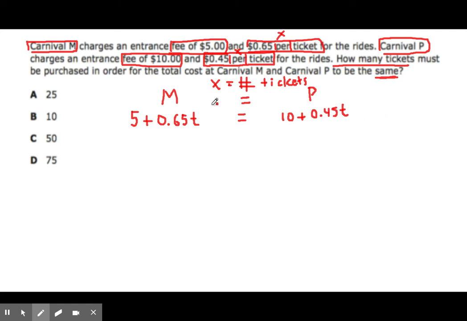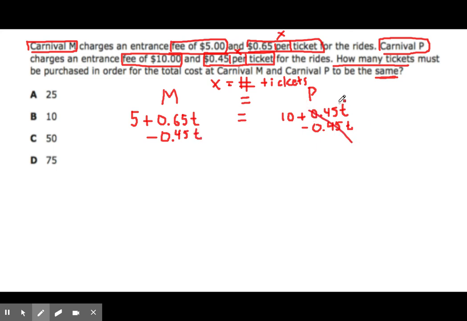Well, I know that 0.45 is less than 0.65, so I want to get rid of this plus 0.45t. So to do that, I'm going to do the opposite. Instead of adding 0.45t, we're going to subtract 0.45t. And again, if I do something to one side, I better do it to the other. So again, here we're going to subtract 0.45t.